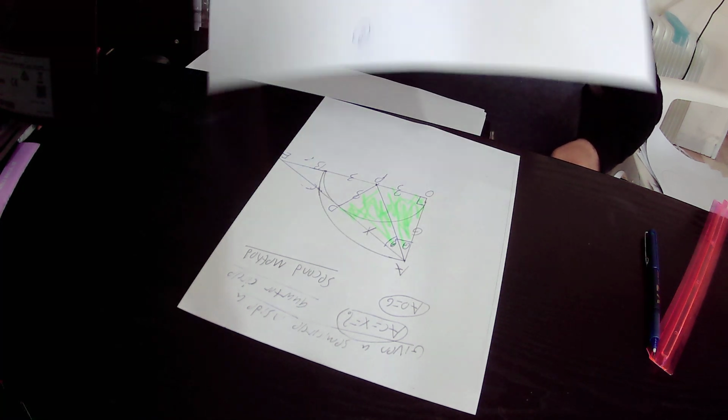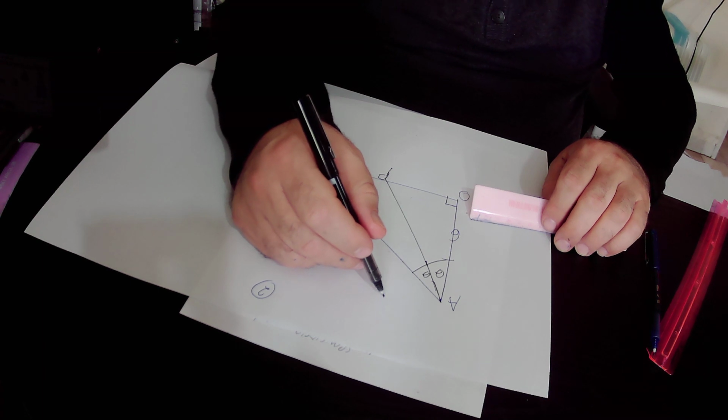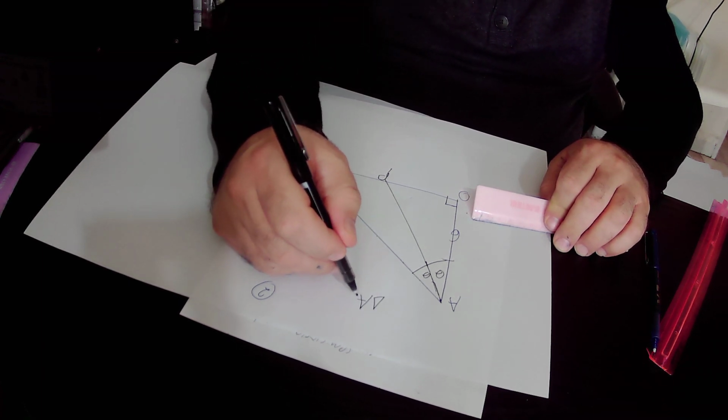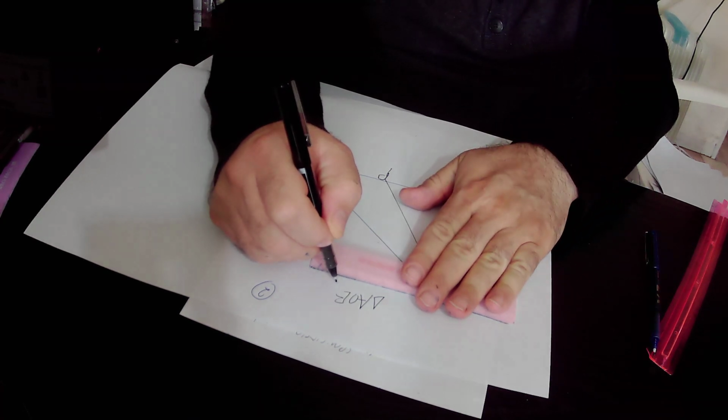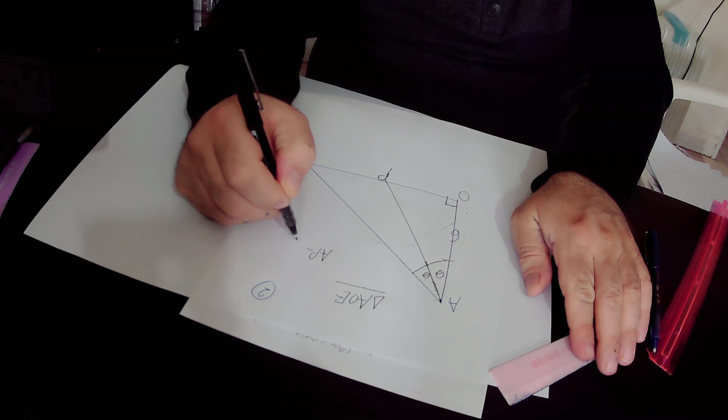So this is the right triangle AOE that I copied from the original drawing. AP is the angle bisector.